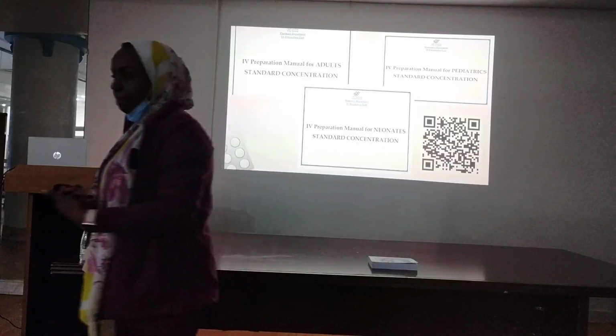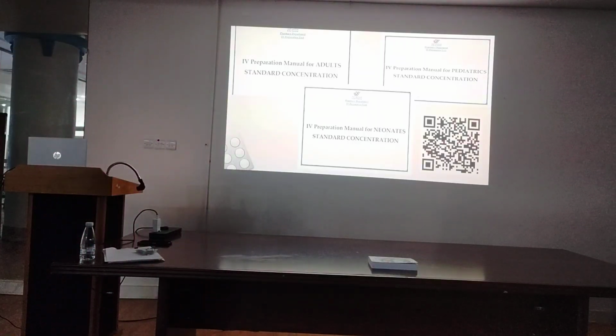The manual is arranged alphabetically. All the medications are stated there by generic names alphabetically. And high alert medications are highlighted in yellow and written in red, so you would know if you're preparing a high alert medication. Double check, take care, concentrate. Okay?